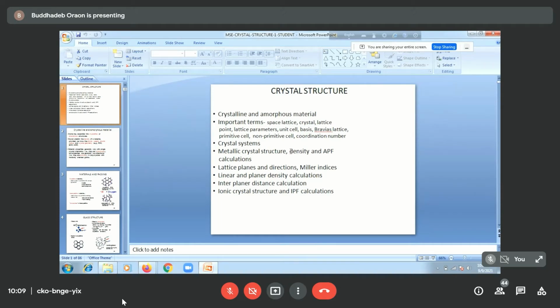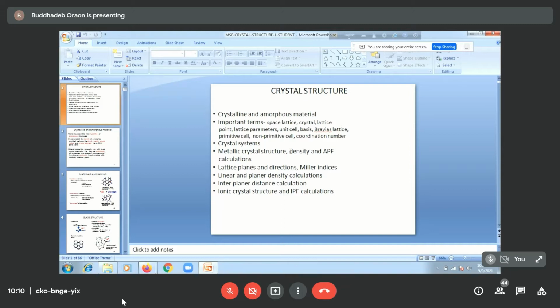Now, why study crystal structure? I have already told you in my introductory class that it is the structure of the material that makes the difference. Because of the structure, we see different types of materials with different properties.